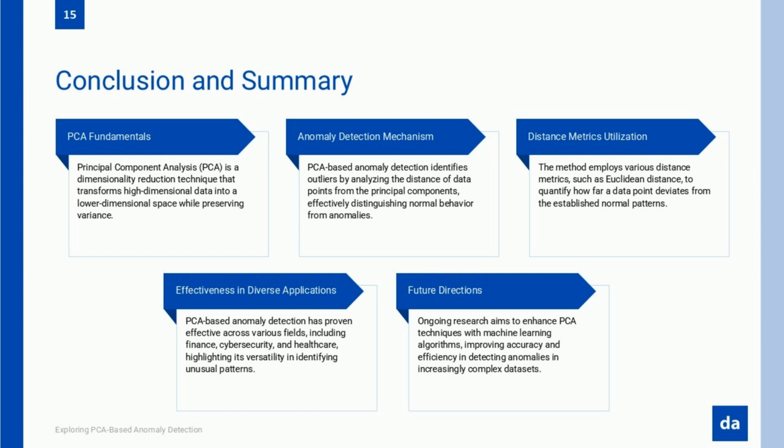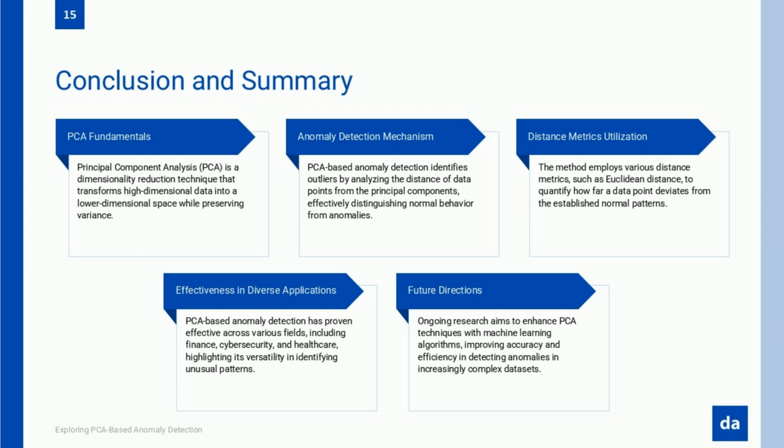Despite its strengths, PCA has challenges. It assumes linear relationships, is sensitive to outliers, and can sometimes be difficult to interpret in practical applications. However, new advancements such as hybrid models, real-time adaptive PCA, and deep learning integrations are addressing these limitations, making PCA even more effective.